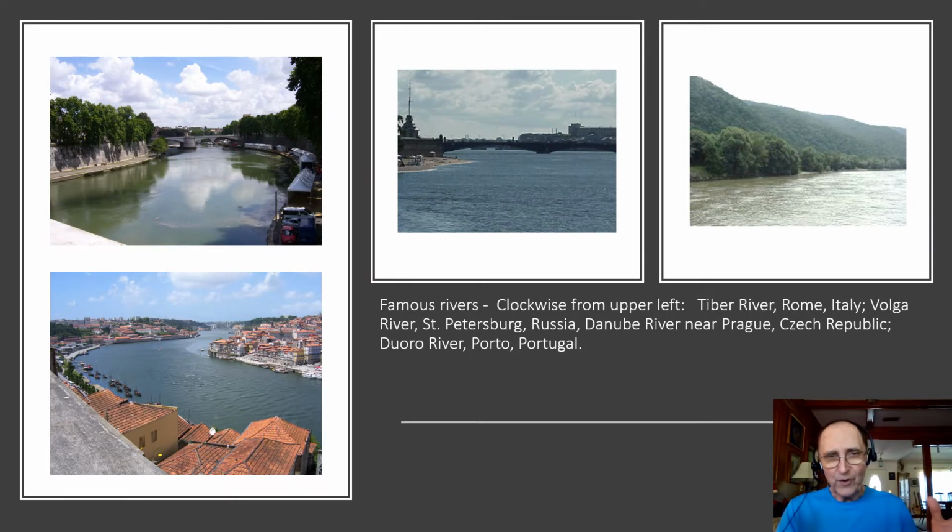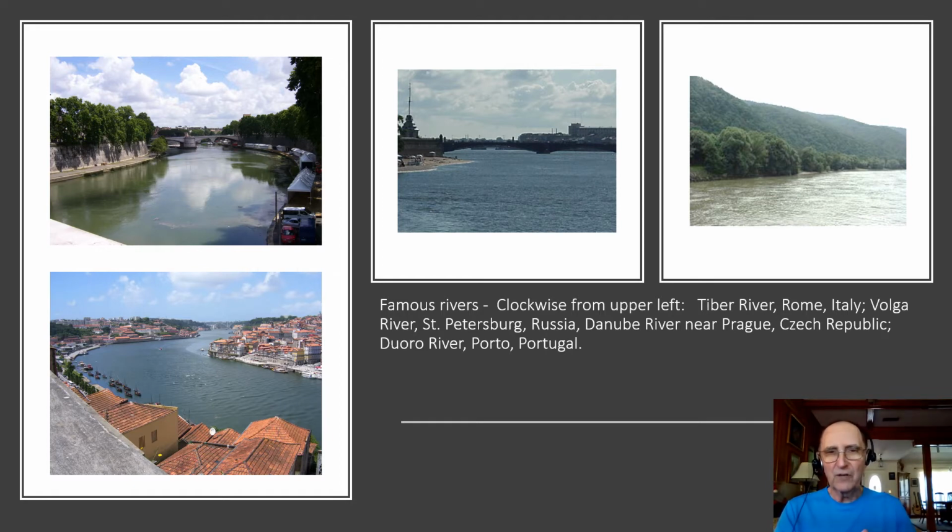So I told you earlier, I have been blessed with having been able to visit more than 50 countries in 4 continents. So I've seen some of the major rivers in the world. I wanted to show you some examples of these. Clockwise from the top left, you can see the Tiber River in the city of Rome, Italy.